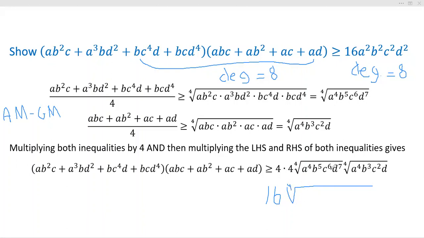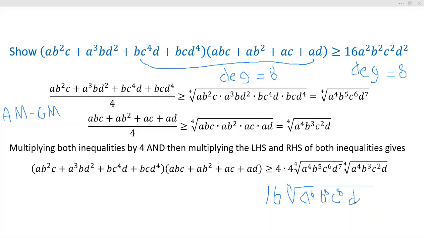Fourth root, and then notice that all of these exponents add up to 8. Okay, so you get a to the 8th, b to the 8th. Nice when it's alphabetical. All right, a to the 8th, b to the 8th, c to the 8th, and of course d to the 8th.